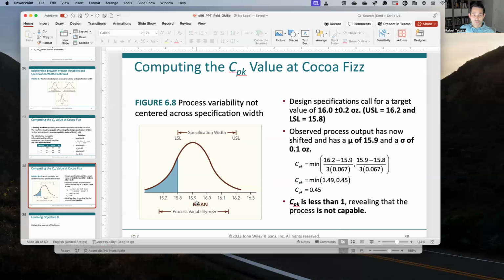This chart shows that now the center of the distribution, you see that this is a normal distribution, is not 16 ounces, it's 15.9. So the machine is filling the bottles with, on average, 15.9 ounces. So it's off balance, it's off center, and that's what CPK is designed to measure.